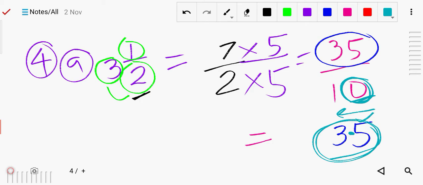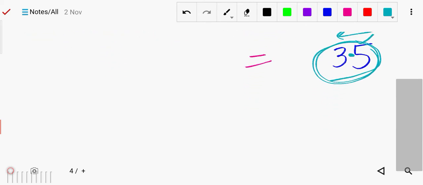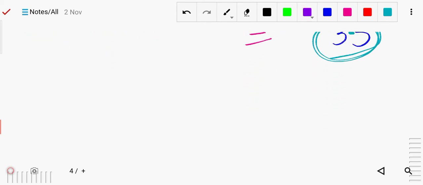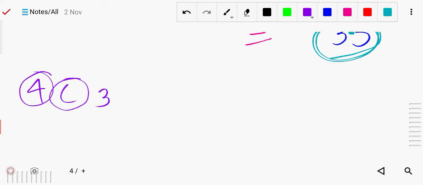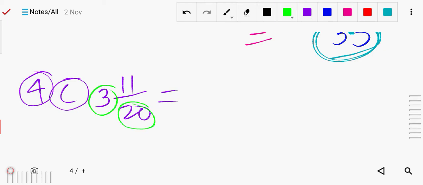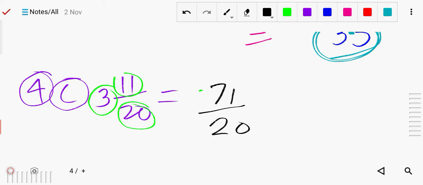Okay, let's solve the next question. Question number 4c, 3 11 by 20. Same as before, first we multiply 3 into 20, it will be 60, plus 11, so it will be 71. And here will be 20.